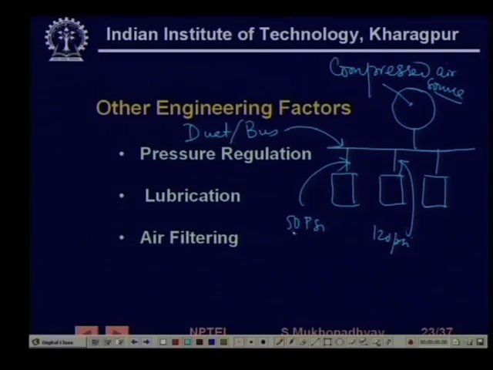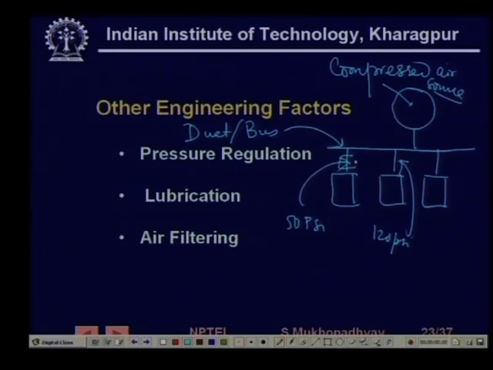Just because these require different pressures, we are not going to connect 3 different compressors which will individually supply this equipment. Therefore, we need a device here which will take in, maybe, this 300 psi pressure and convert it to 50 or 120. So, we are going to put different pressure regulators for all these equipment and have a single compressor. Firstly, that is going to be cheaper.